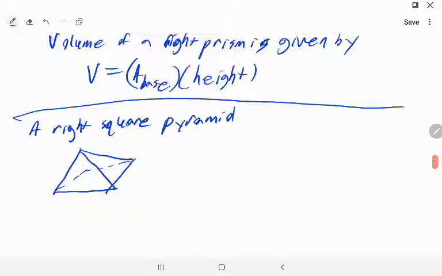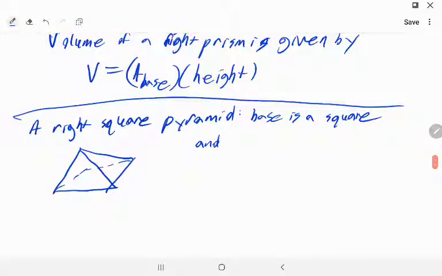And so notice now, the base is a square and the other 4 sides are triangles.